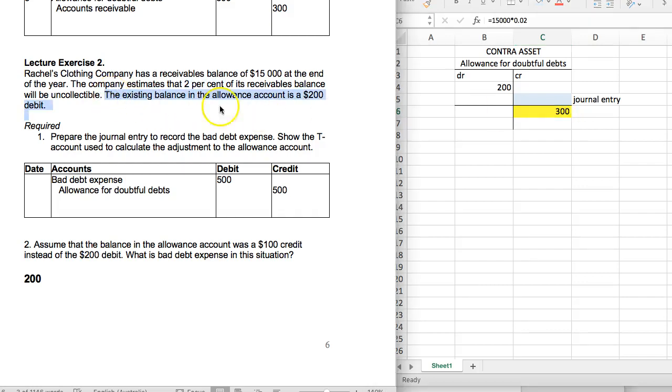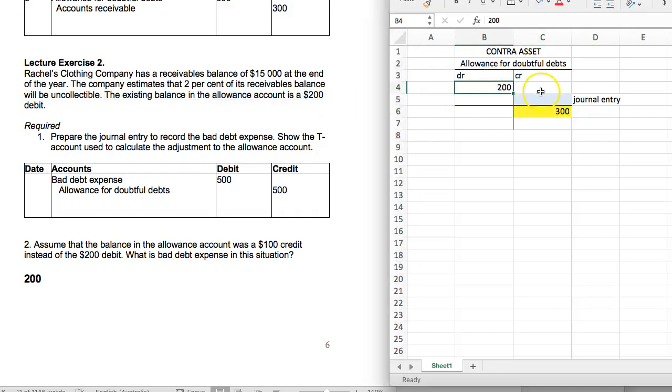The existing balance is on the debit side and it's 200, so I put that here. So what number needs to go here to change the 200 on the debit to a 300 on the credit? You add those two numbers together. It's 500, and you can double check. 500 minus 200 equals 300.